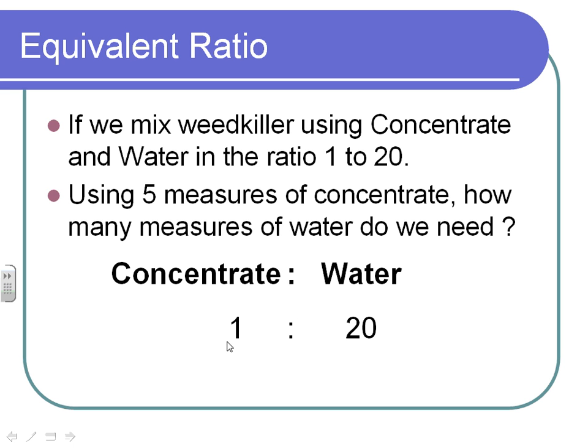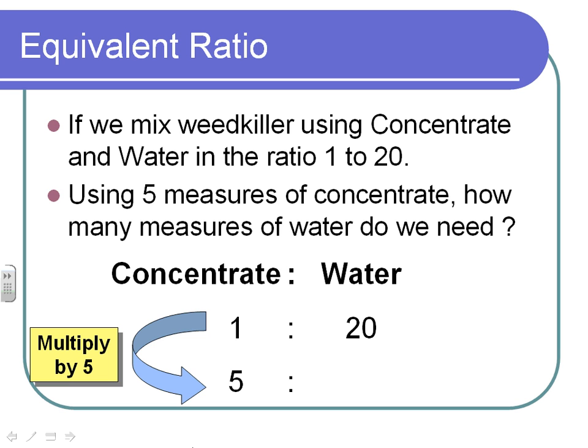So if we look at it, for every 1 unit of concentrate, we need 20 units of water. We're saying we need 5 units of concentrate. If we need 5 units of concentrate, we need to figure out how much water we would need to add. Too much water, and the killer wouldn't work because it would be too diluted. Not enough water, and the concentrate would be too strong, and we would kill anything and everything.